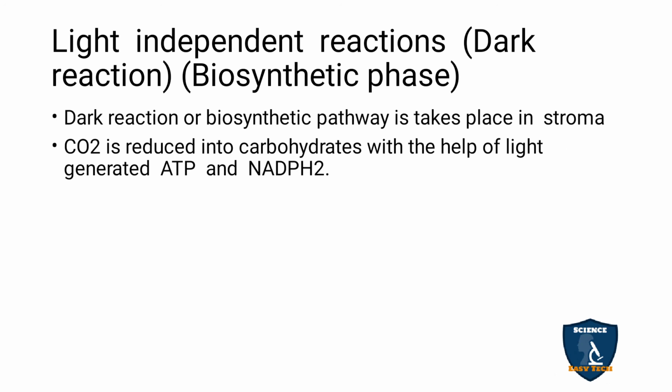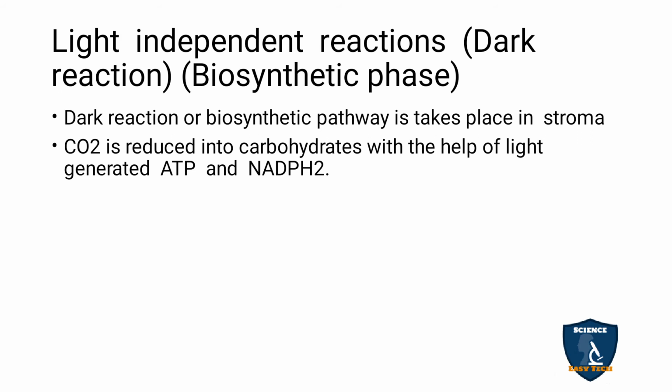Light independent reactions, dark reaction, biosynthetic phase. So it has 3 names: light independent reaction, dark reaction or biosynthetic phase. The light reaction takes place in the thylakoids, because the chlorophyll A pigment is present in the thylakoid. But this reaction takes place in the stroma of the chloroplast.